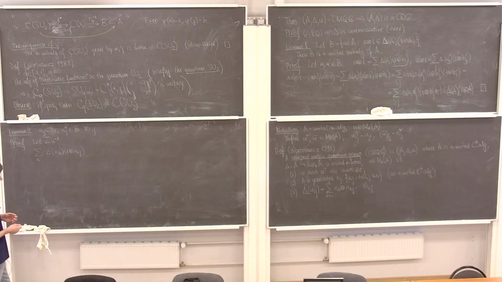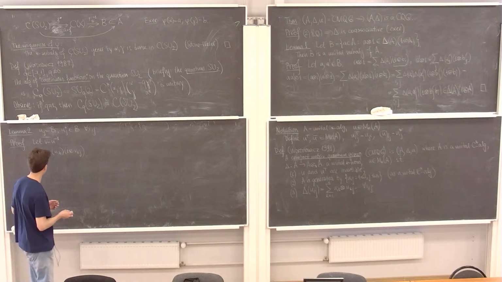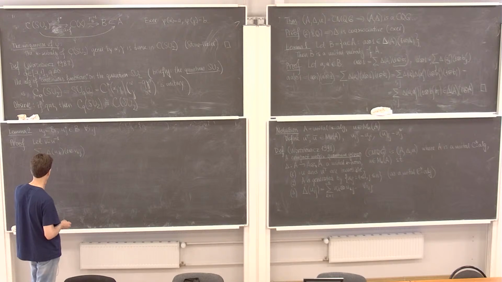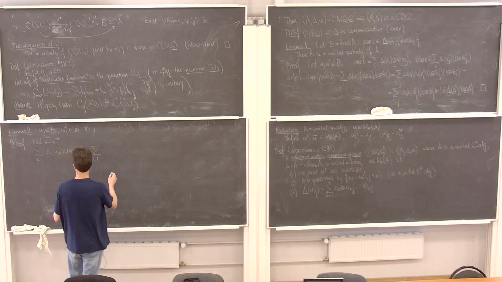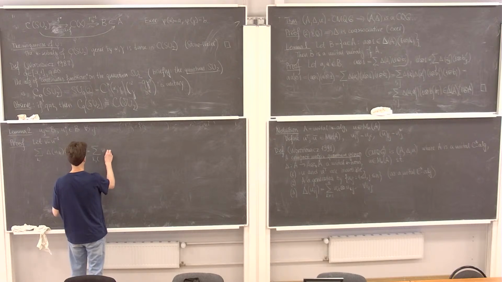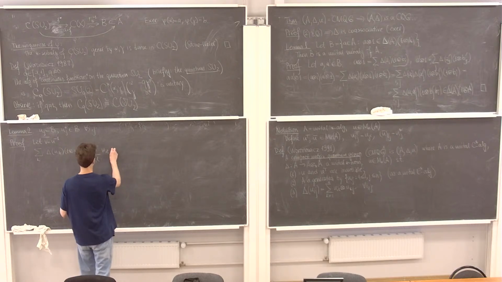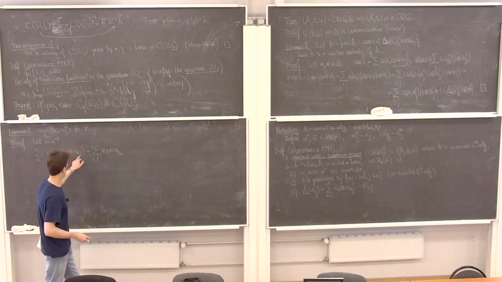So what's this? Delta of uik is the sum over l, so we get the double sum over k and l: Uil tensor Ulk, and here we also multiply by vkj.